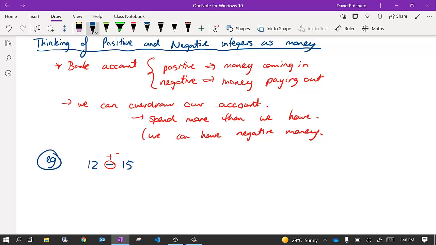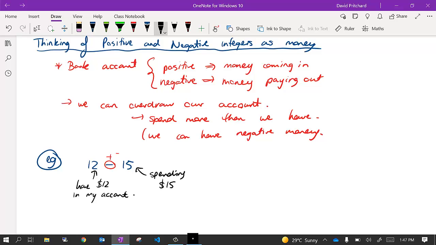Really, the idea is that I look at this 12 and I go, okay, I have $12 in my account. And this $15 I'm spending, because it's negative, so it's going out. If I've got $12 and I'm spending 15, what will I end up with? Will I be owing money?